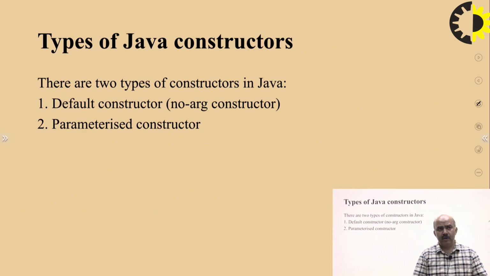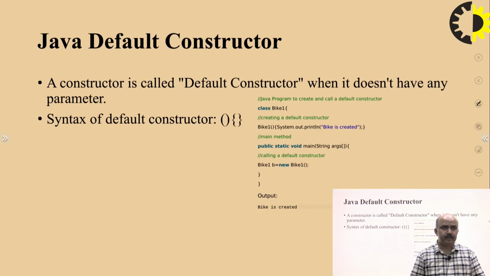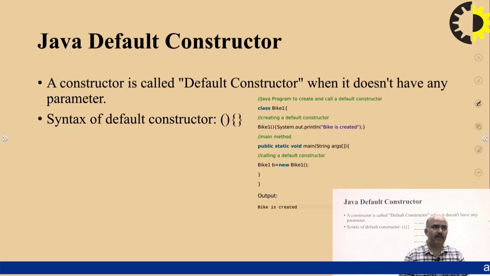As we already know, there are two types of constructors: the default constructor, where there is no argument, and the parameterized constructor. This is an example of the default constructor. A constructor is called a default constructor when it does not have any parameters.